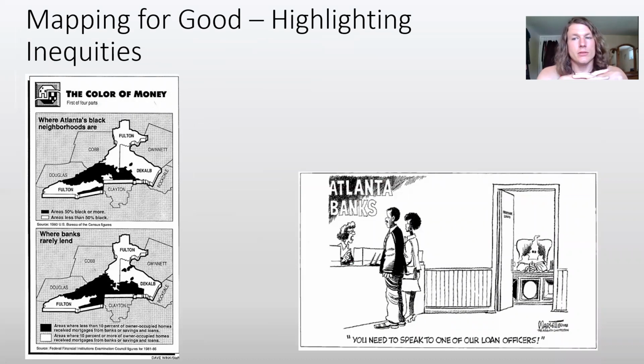But mapping can be used for good. It's a really powerful tool to put information out there. So for instance, in the 1980s, a series of studies were conducted, one called The Color of Money, that sort of brought to light this practice of redlining. So even though people knew that neighborhoods were segregated, it was sort of hidden from the public that banks were actually doing this.